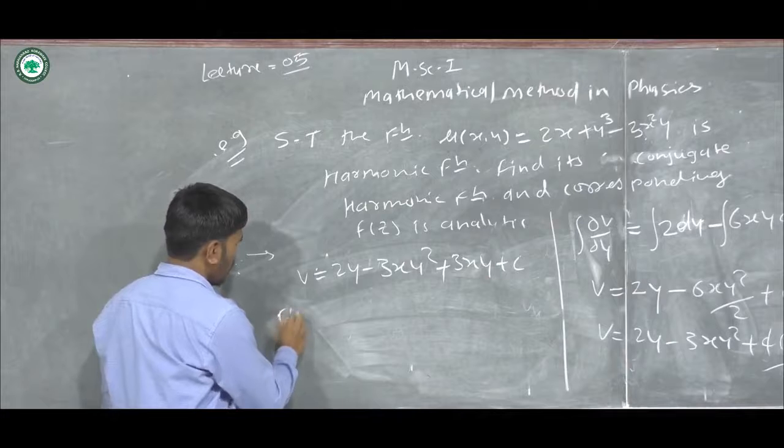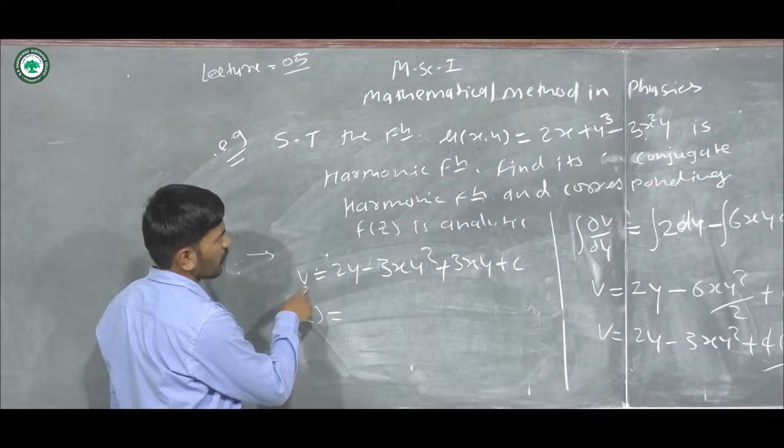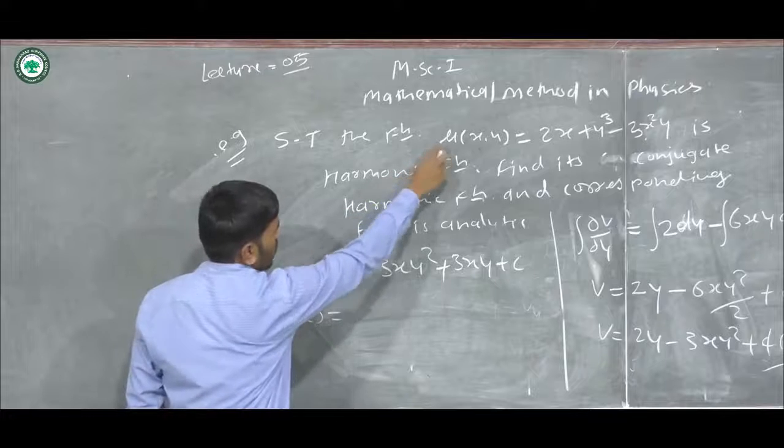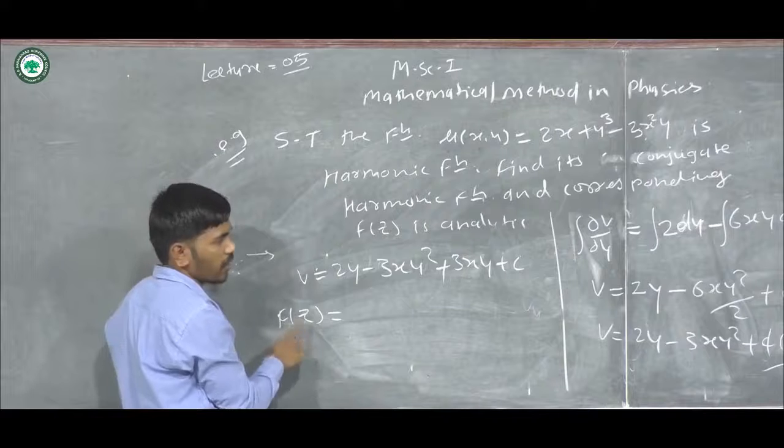So now we can write f of z. Now this is also harmonic. Because u is harmonic, and if these two functions are harmonic, then f of z is analytic.